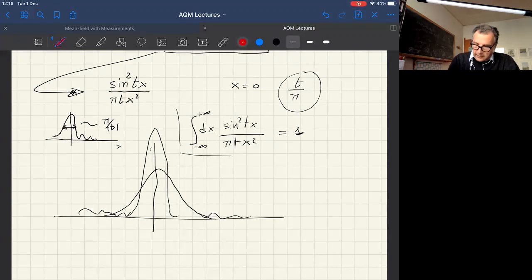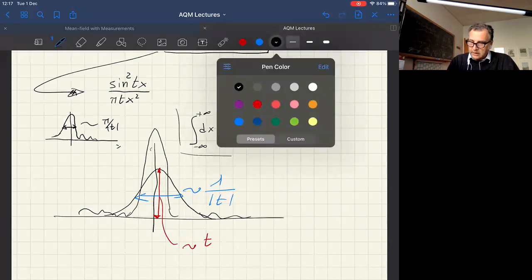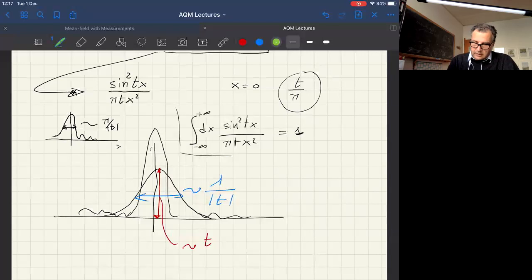Let's say the peak is proportional to time. The width is proportional to 1 over time. So this means that if time increases, the peak goes up and the width shrinks.